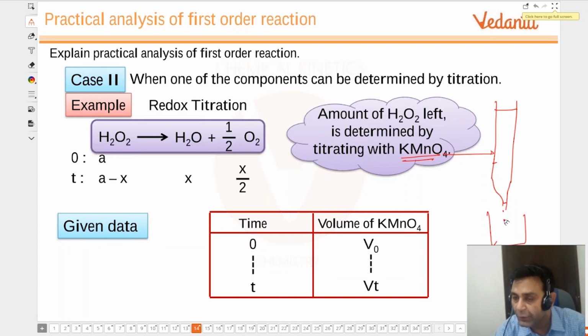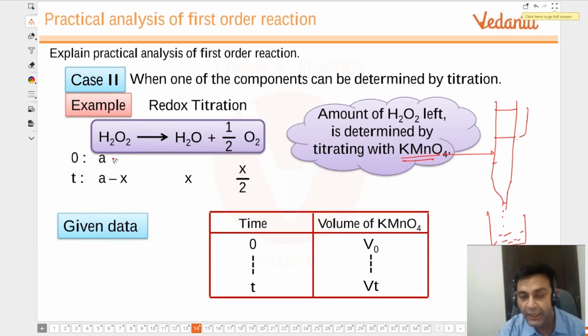Then drop by drop we add here the H2O2 until the color changes from colorless to pink. We determine the volume here, how much volume of the KMnO4 is used. Are you getting me, all of you? You have done this experiment, right? Not with the H2O2, but you might have done it with the Mohr salt or with the oxalic acid in your lab, right?